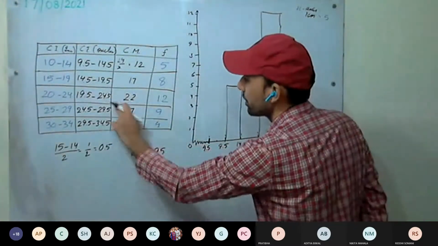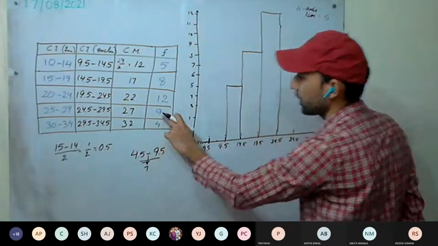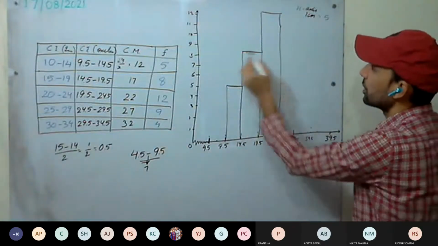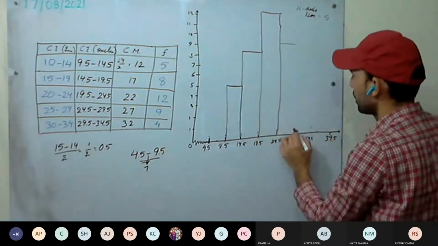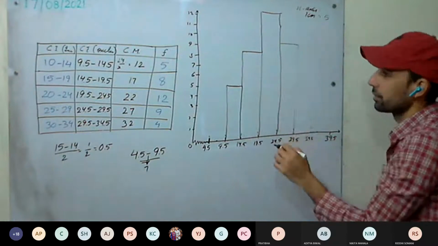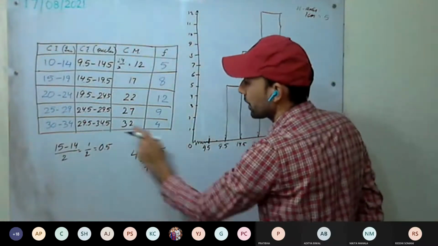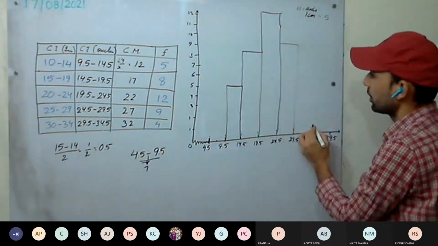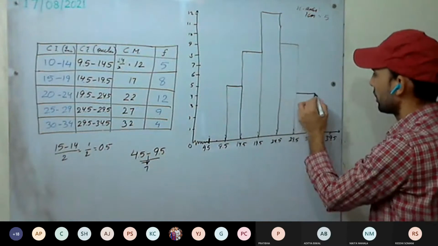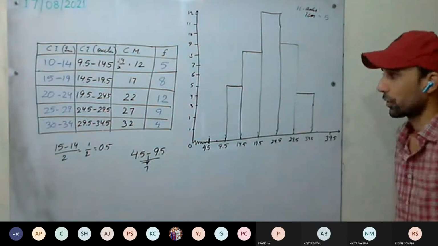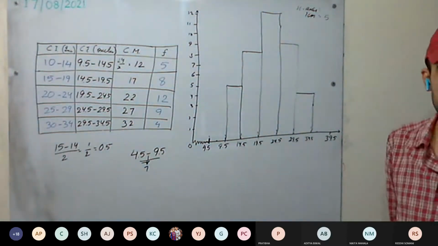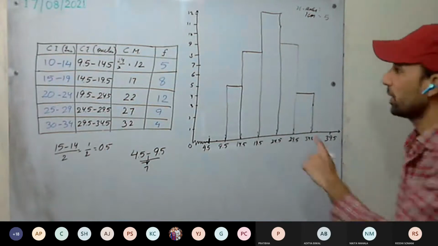Next class interval, 24.5, 9. This class interval, 4. Okay, we have drawn the histogram. This is the way we draw the histogram.